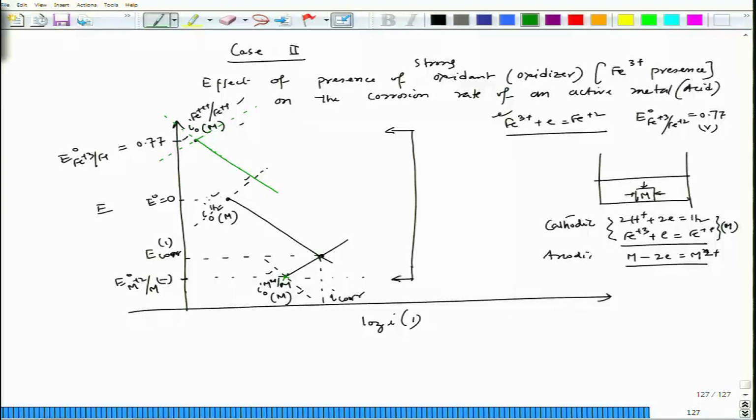And once it reaches this particular plane, immediately it is seeing that there is another cathodic reaction, which is hydrogen evolution. So, as per our concept in the previous example, we have to add up the total cathodic current densities.